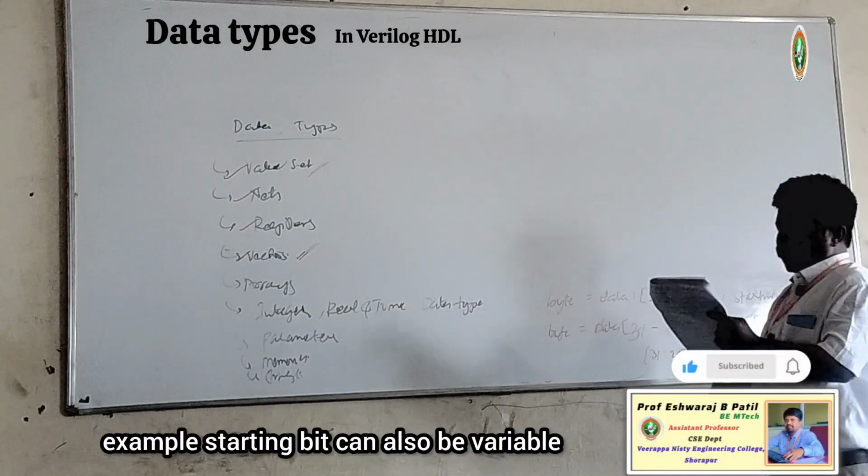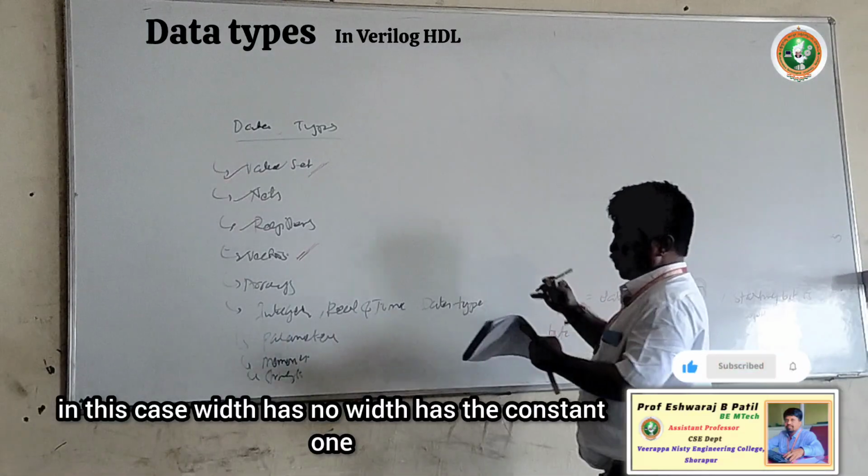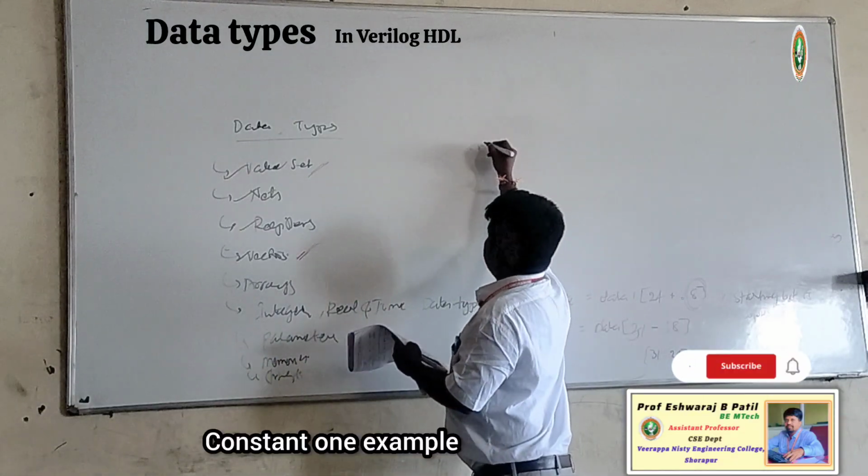For example, the starting bit can also be a variable. In this case, the width has to be a constant one.